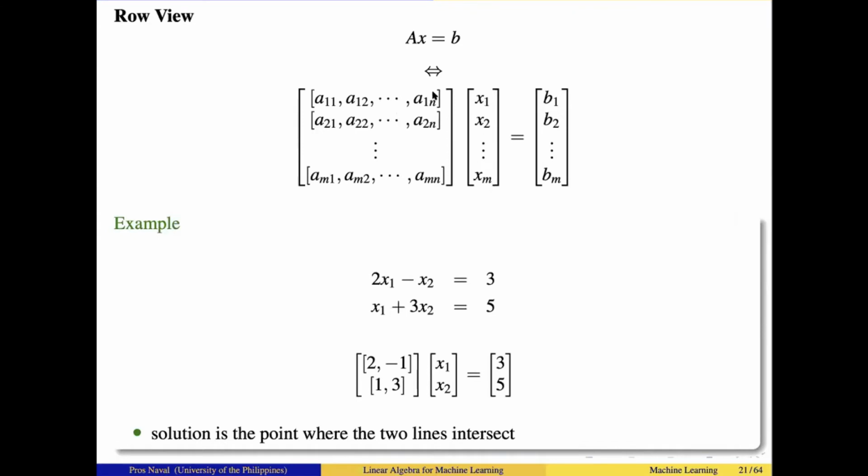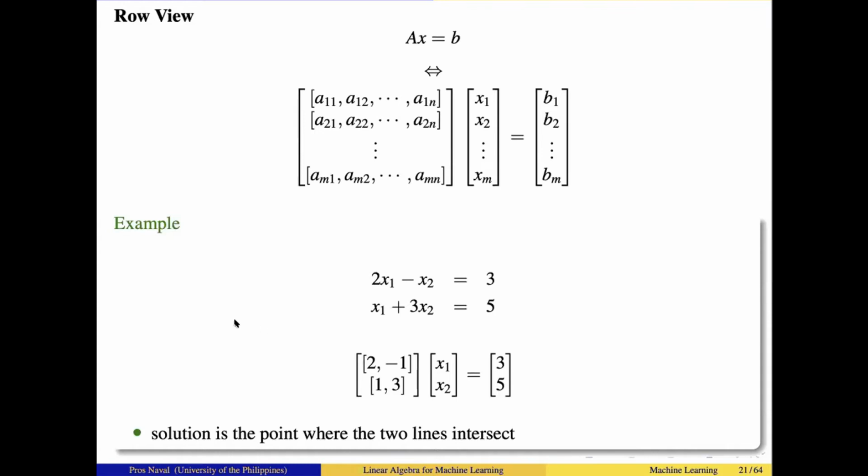So this by that gives this element; the second row multiplied by the elements of the vector gives us the second element of your B vector, and so on. And this gives rise to a system of equations where we want to solve for the unknown elements of x.